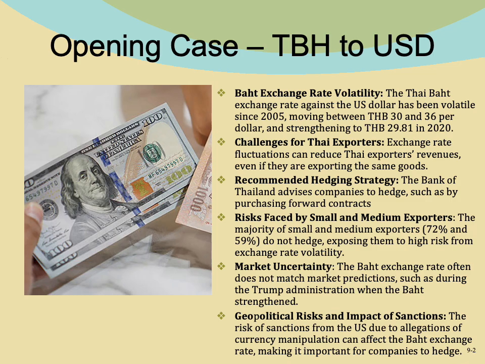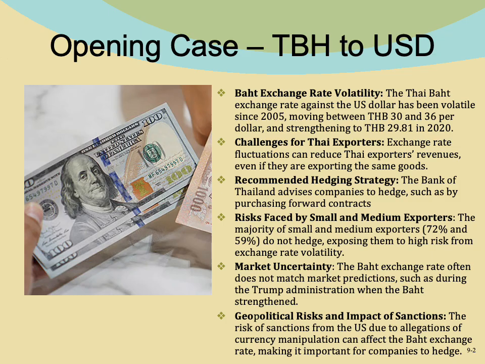The Bank of Thailand recommends using a hedge strategy, such as purchasing a forward contract, to protect against exchange rate risks. However, some small and medium exporters didn't follow that recommendation, and as a result, a significant portion, around 72% or maybe 59%, did not hedge, leaving them vulnerable to exchange rate volatility.